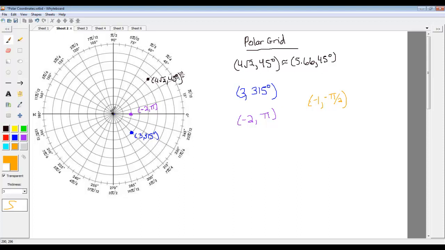But it's -1, so that's going to put you here. -1, pi over 2. There's that. So that gives you some exposure to what happens also with negatives on the polar coordinate axis here.